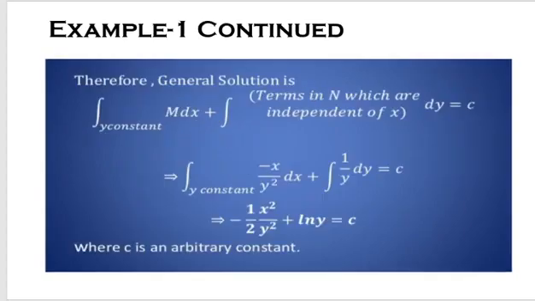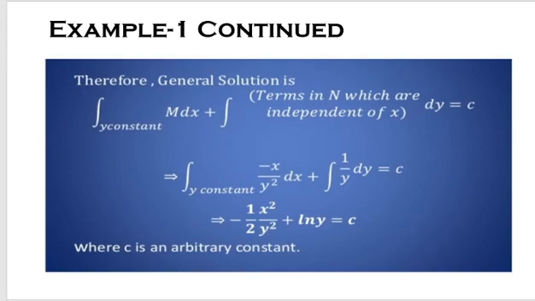So, we very well know how to solve an exact differential equation. That is, by applying the general solution formula, we can get the solution. Now, we are going to apply this general solution formula of exact differential equation to the exact differential equation we got now.